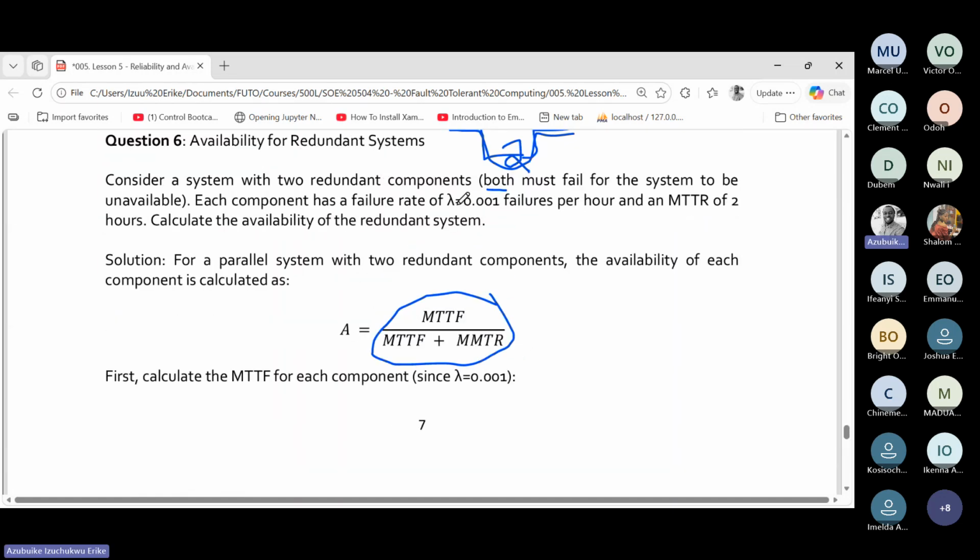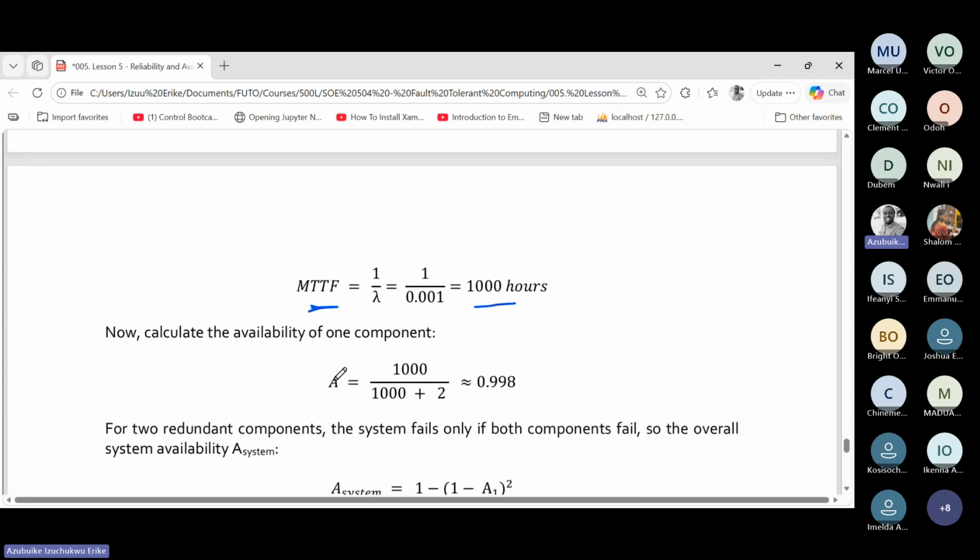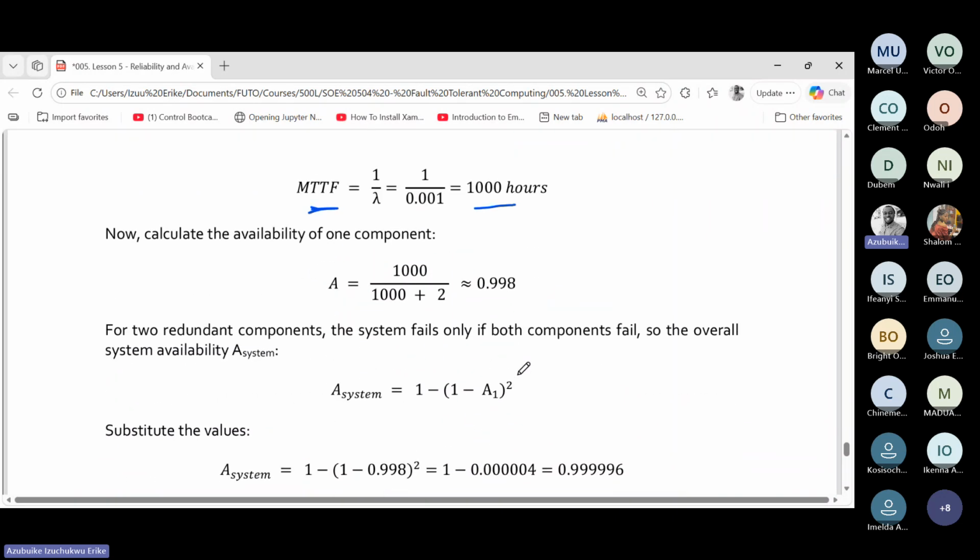From the failure rate, we calculated the mean time to failure as 1,000 hours. Then availability equals 1,000 over 1,000 plus 2, which gives us this.